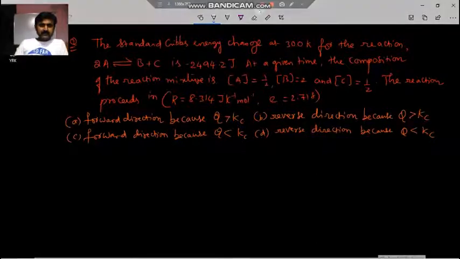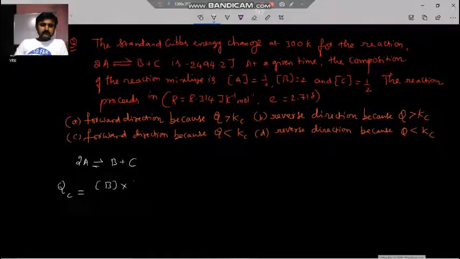Let us write down the equation given to us, that is 2A in equilibrium with B plus C. For this we can easily find what is K and what is Q. Why? Because we don't know whether it is an equilibrium composition or not. So it is a composition at another condition, meaning other than the equilibrium condition, so the reaction quotient Qc is equal to the concentration of B times the concentration of C by the concentration of A to the power 2.